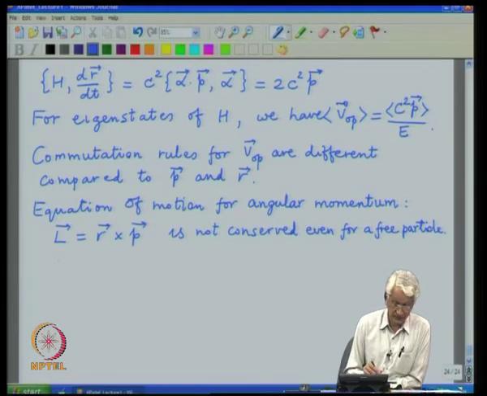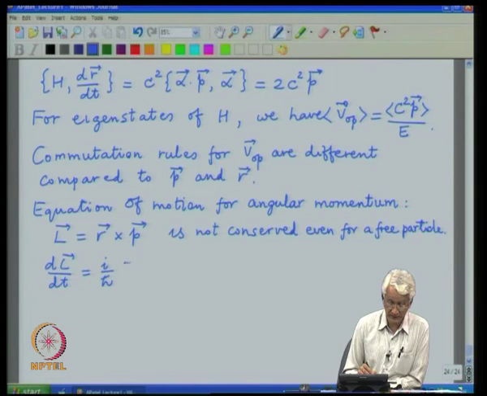To see this explicitly, just work out the corresponding commutators. Simple algebra.